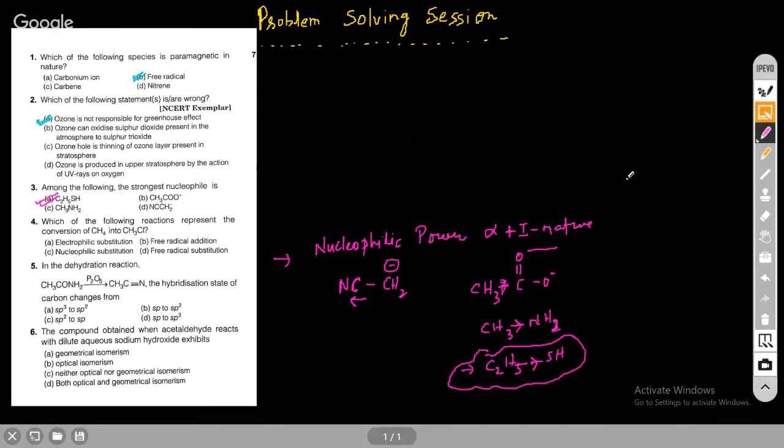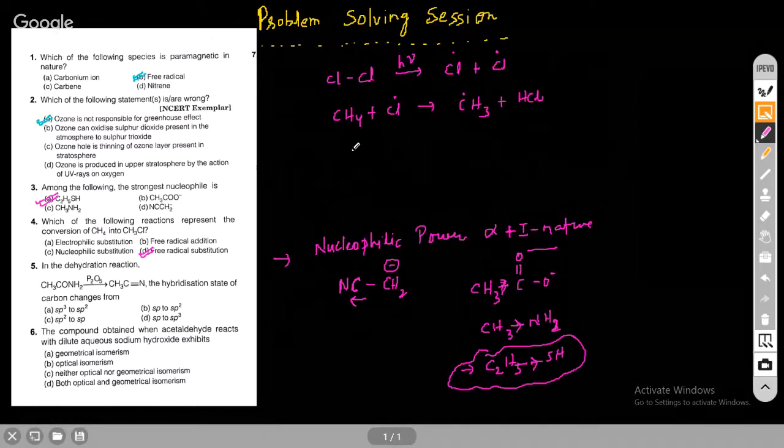Fourth one is D, free radical substitution, right? D option is correct. The reaction is this: chlorine molecule Cl-Cl under light, h nu, forms chlorine radical. Now this reacts with CH4. CH4 plus chlorine radical forms methyl radical, CH3 radical, plus HCl.